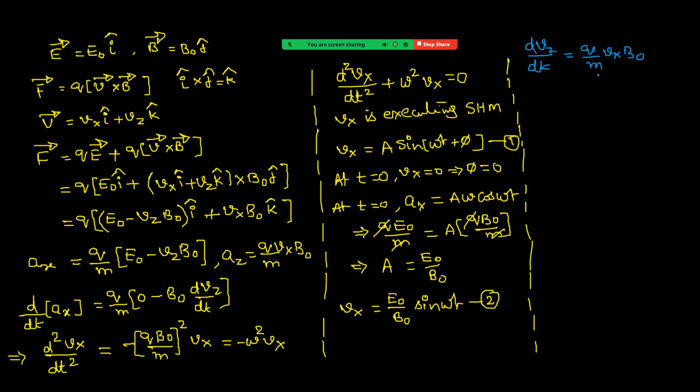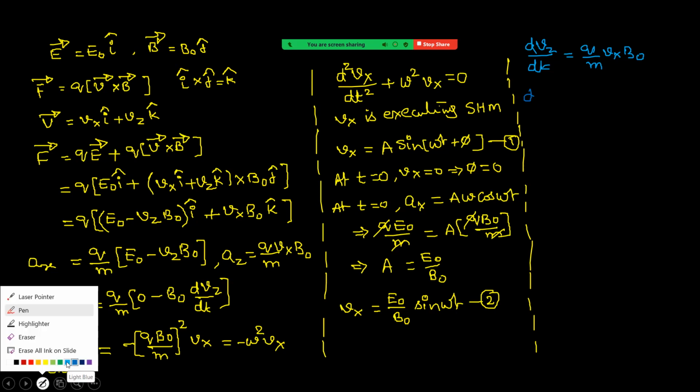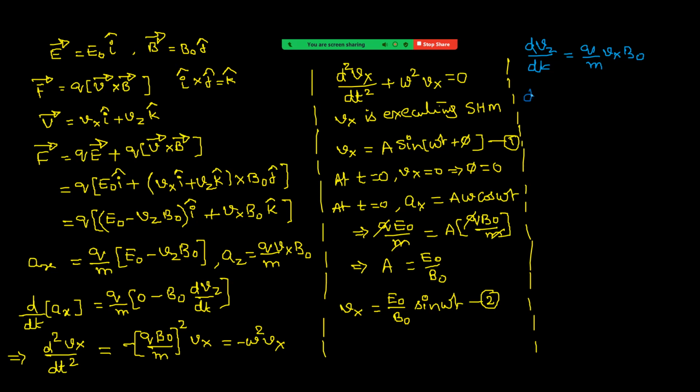Now simplify this. In the place of Vx, substitute that value. dVz = (q/m) B0 (E0/B0) sin ωt dt.